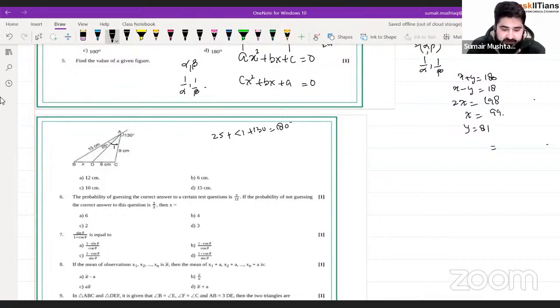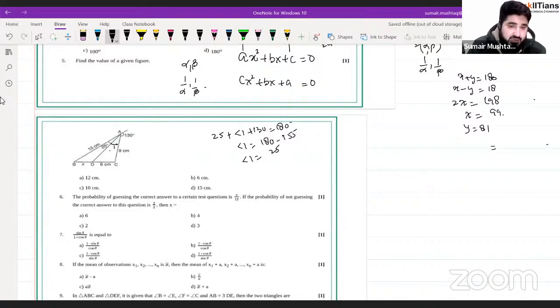What is 130 plus 25? So angle 1 is equal to 180 minus 155. So angle 1 is equal to 25. So this is also equal to 25.